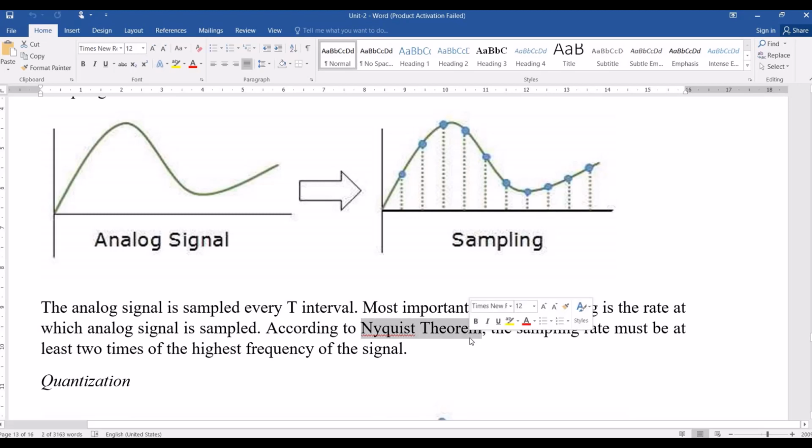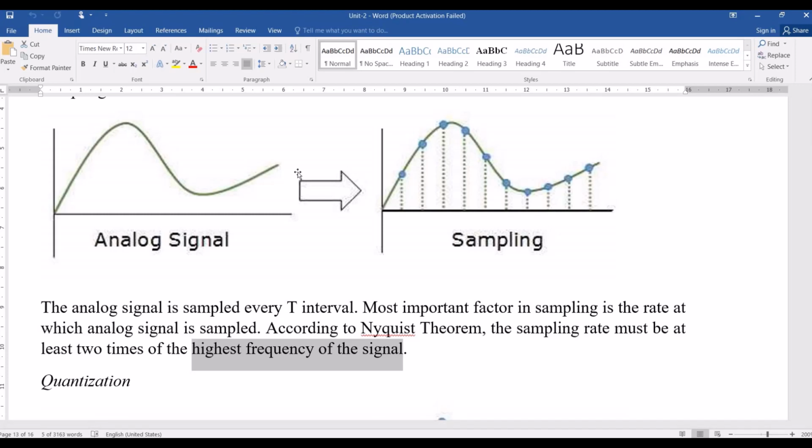What does the Nyquist theorem state? It states that the sampling rate must be at least 2 times the highest frequency of the signal. The signal may have a frequency of 2 kilohertz, 3 kilohertz, 5 kilohertz, 400 kilohertz or something like this.